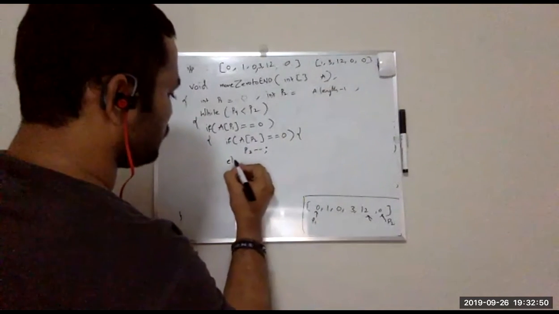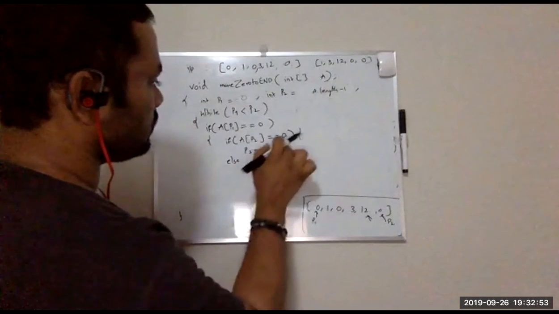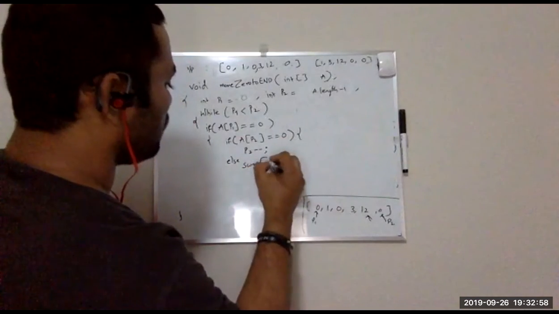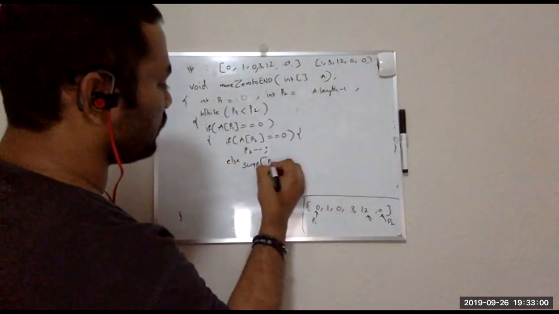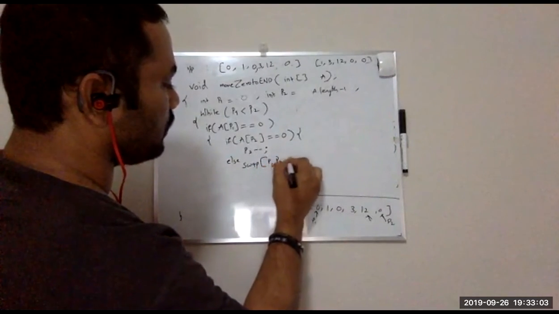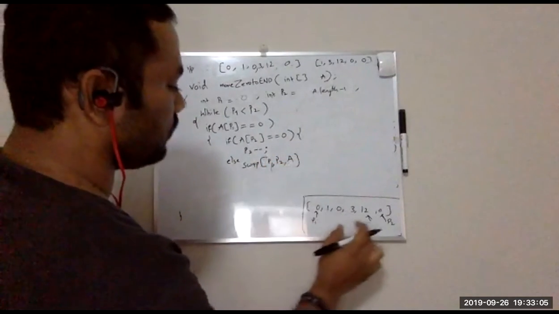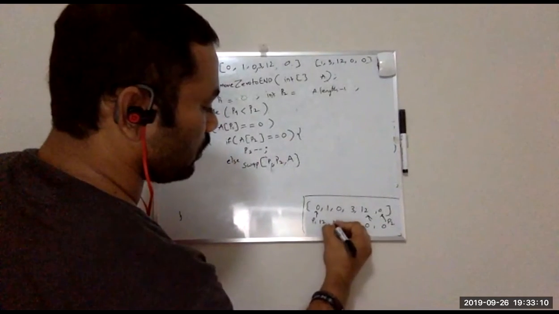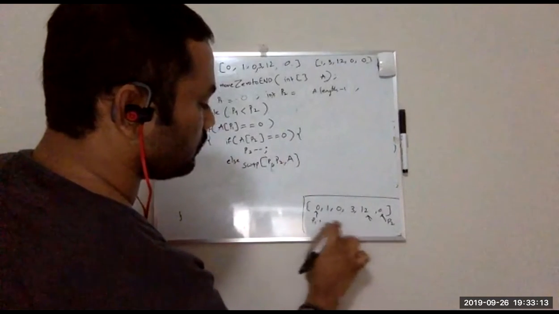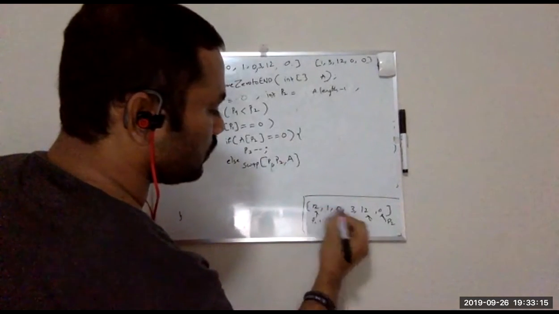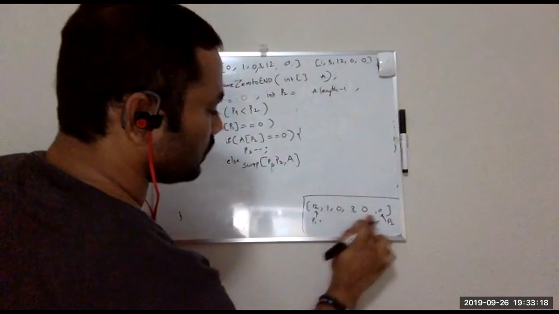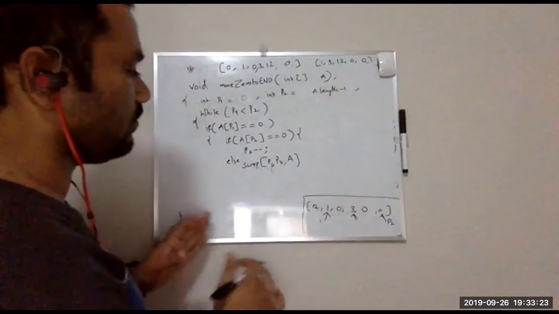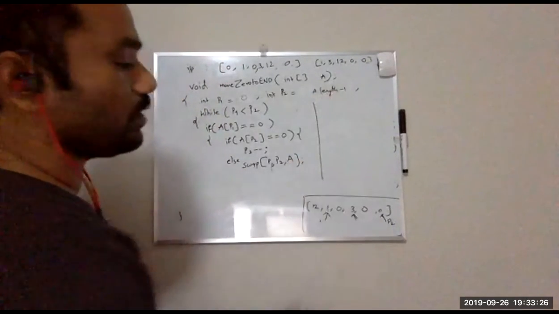And if it is not equal to 0, then we'll have a swap function, and we'll pass P1 and P2 and the array A. It will swap this 12 and 0 here, so this one has become 12 and this one has become 0, and this pointer is decremented and this pointer is incremented. Everything is in the swap function which I wrote earlier.